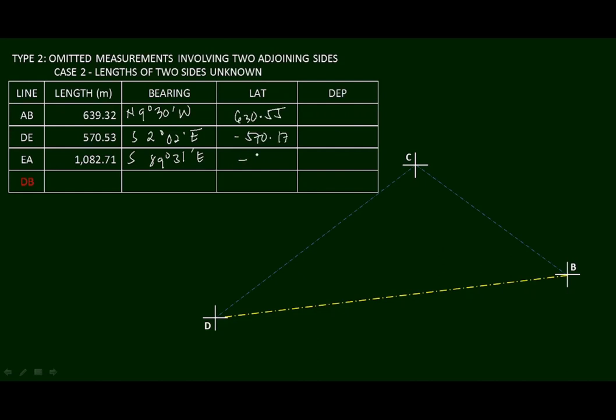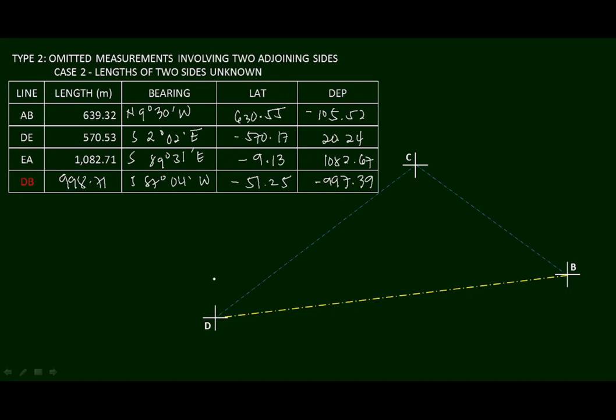Negative 9.50, negative 105.52. This is 20.24 and 1082.67. Negative 15.95. This is south 87 degrees 35 minutes west 998.0. Okay, so these are the properties or the length and bearing of DB.